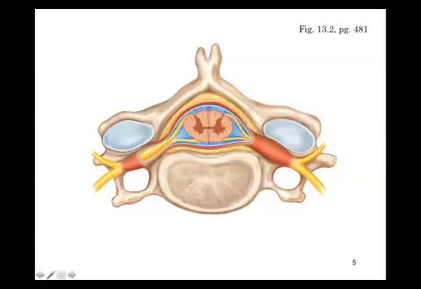And the pink stuff that you see here is the pia mater, right on the surface of the spinal cord. And the dark blue stuff in here is the cerebrospinal fluid.